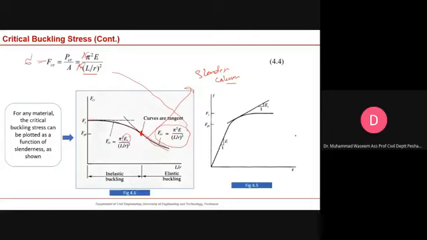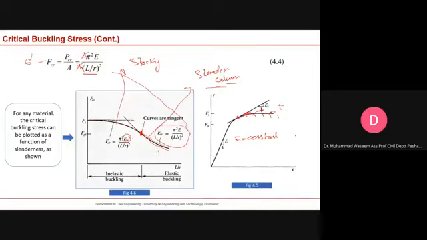In the elastic range, the E value is constant, but once you go to the inelastic range, the E value keeps on changing. You just have to replace E with the tangent modulus, E tangent. So this is representing the stocky column behavior, and this is representing the slender column behavior.